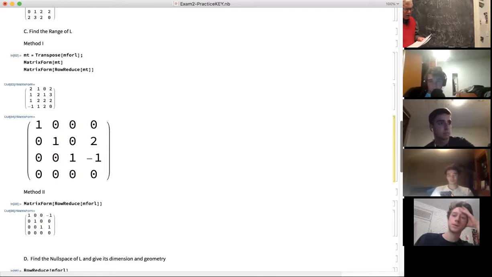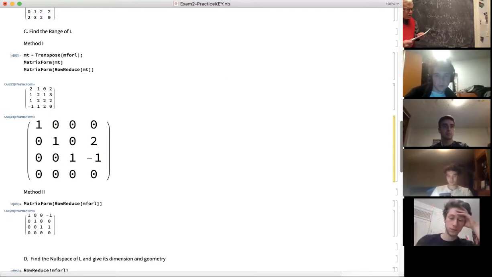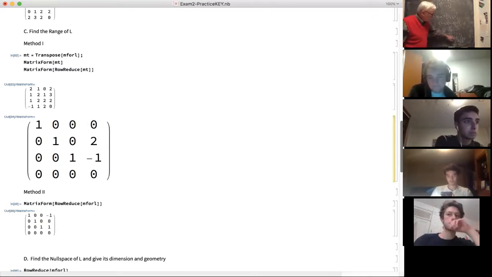So the next question, I think, says... I lost the next question. Is there an eigenvector basis in R3 corresponding to A? No, there is not. There are only 2 independent eigenvectors here.